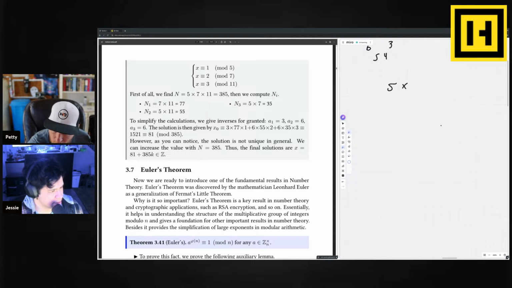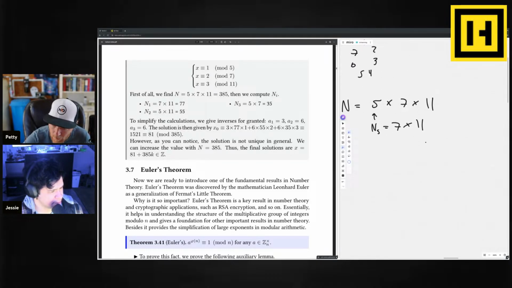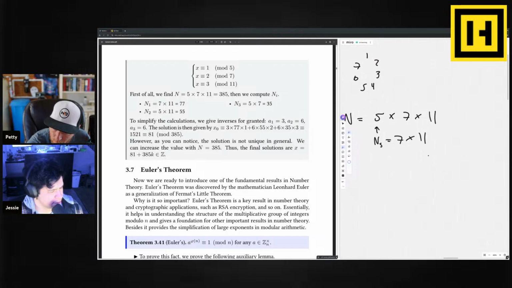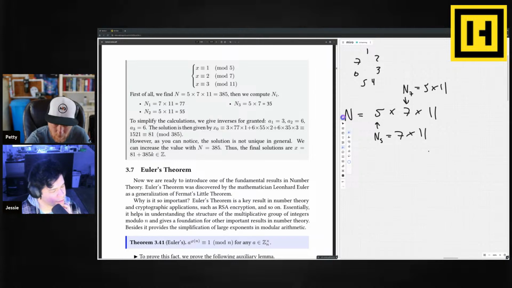So N1, N2, N3. Why are they pulling from N2 for N1? 7 times 11?